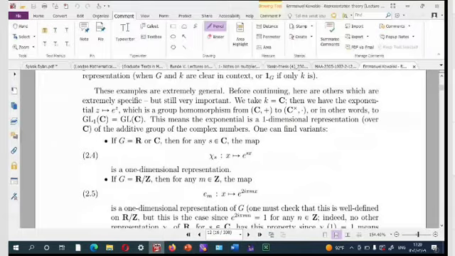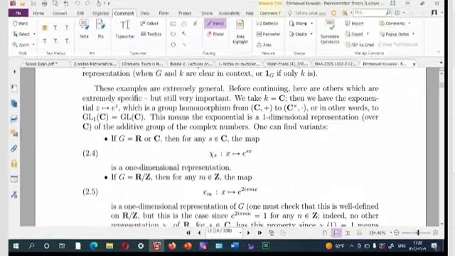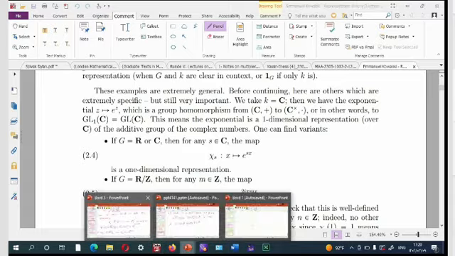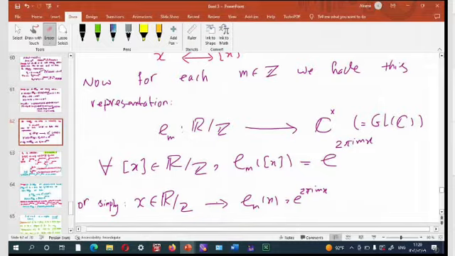In our book, we see x mapped to this, but this is the class of x. It is very trivial that it is a group homomorphism.